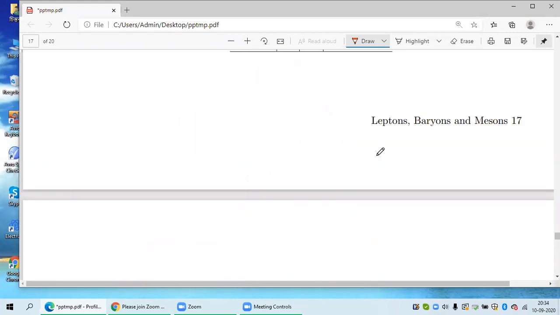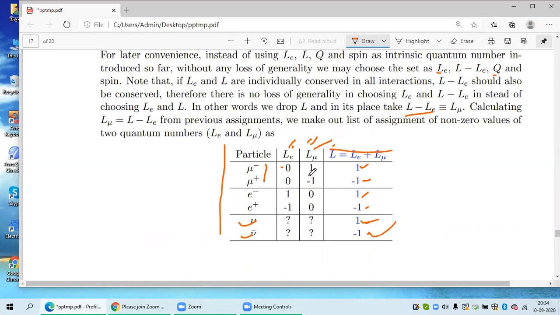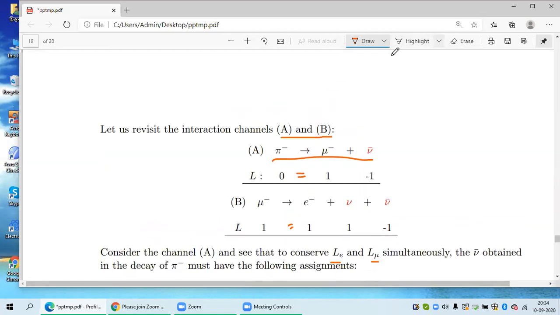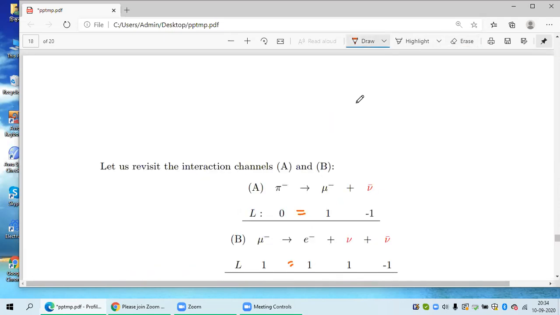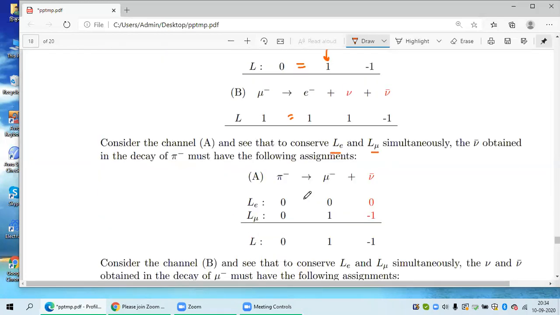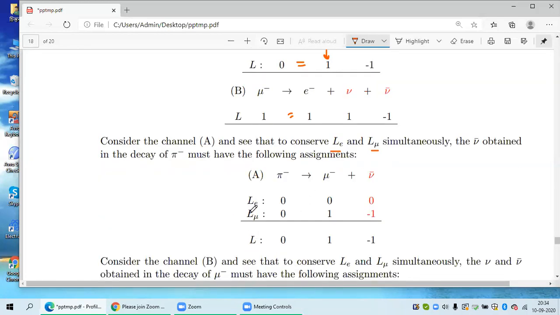What you have already assigned so far is that Le for mu is 0 and Le for electron is 1. L mu for mu is 1, for electron it is 0. So in pion decay, you have what was already assigned from the non-observation of decay D we discussed. Now Le and L mu I have to assign here.